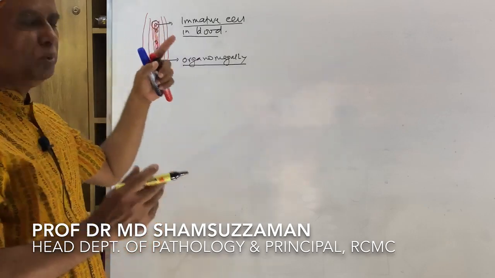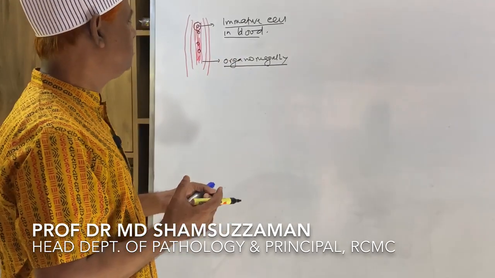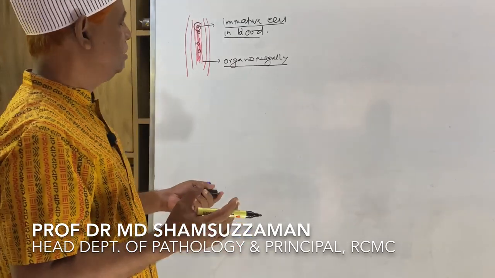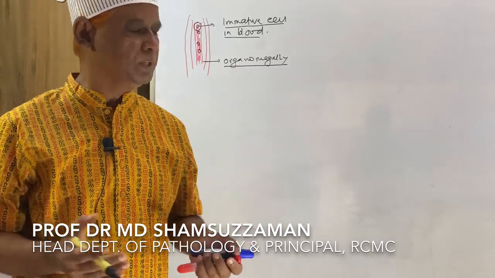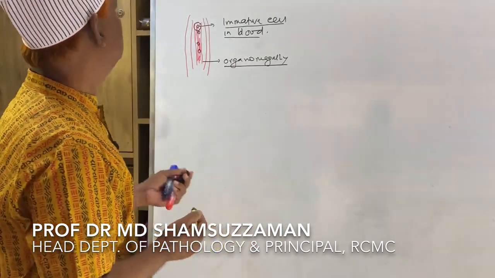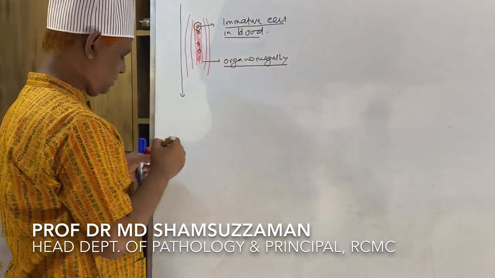Bone marrow reveals picture of leukemia, and clinically patient may come to you with fever due to frequent infection, with leukocytosis, with symptoms of anemia, etc. So, now come to Leukemoid reaction.